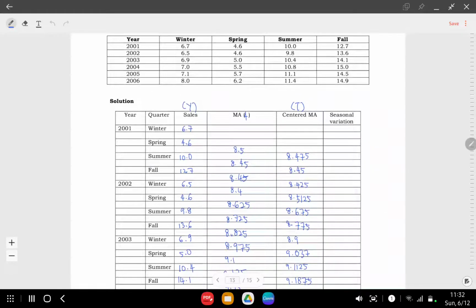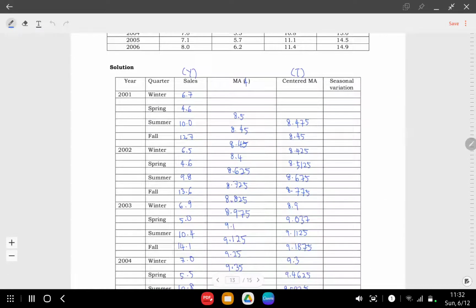So let's calculate the seasonal variation. The first one is for summer 2001, 10 divided by 8.475, then times 100. So here we have the value 117.9941.